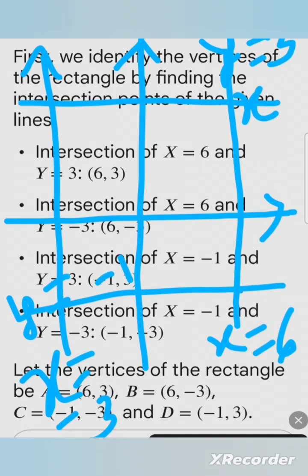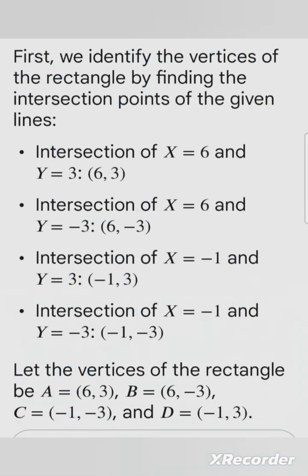Now these are the 4 corners of the rectangle ABCD. So that means one of the points will be what? (6, 3), (6, -1). Then (-3, 3), (-3, -1), which has been shown here.